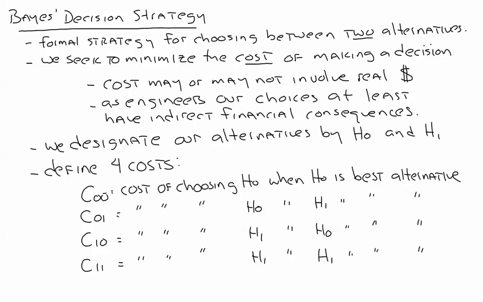Okay? All right. Well, notice this. Typically, C sub 0,0 will be less than C sub 0,1, and C sub 1,1 will be less than C sub 1,0.